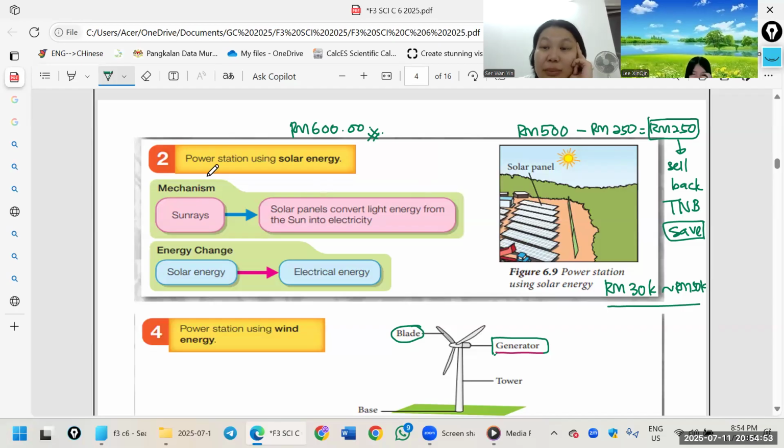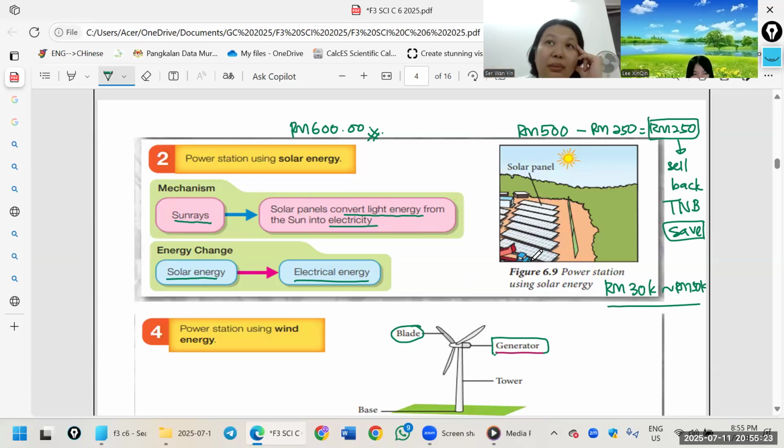Okay, so this mechanism is very easy. Use solar sun rays, then directly convert light to electricity. This one needs no magnet. Directly it turns, so we say solar energy changes to electrical energy. This one is the easiest. I think there are pros and cons.